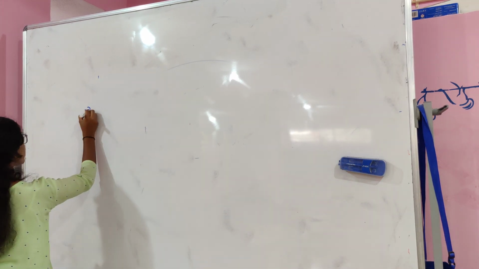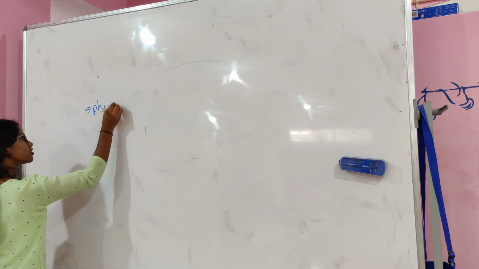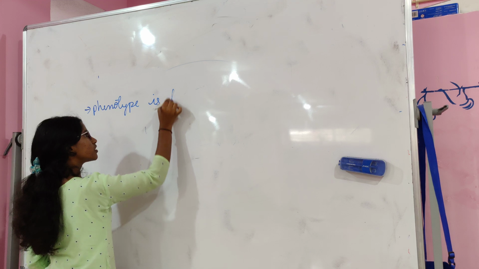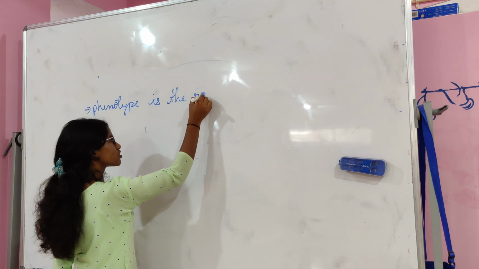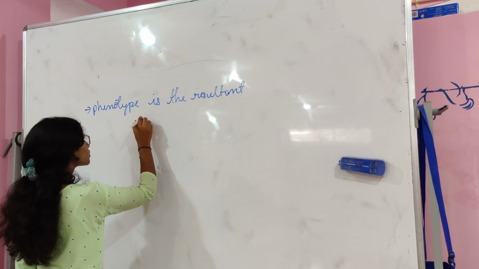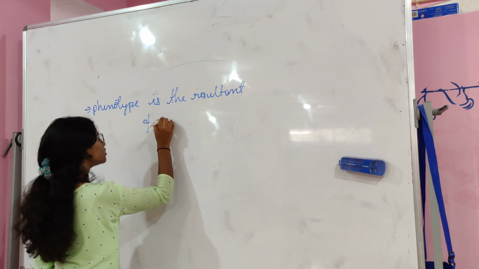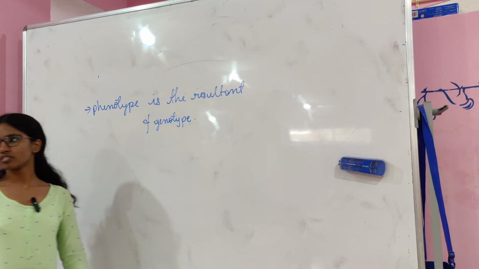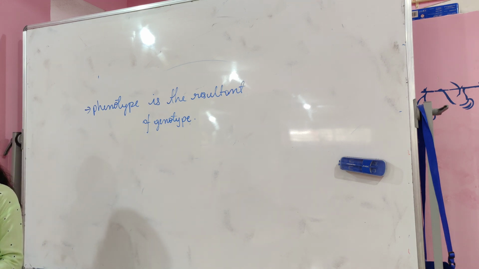At this point, phenotype is the resultant of genotype. What does it mean by the sentence? Meaning when it is capital T and small t, capital T will be dominant, so it will be tall.